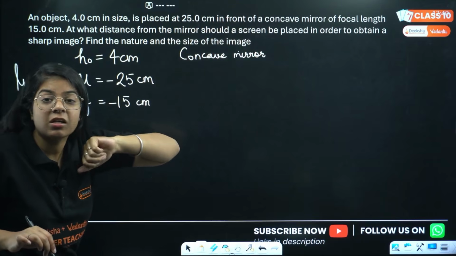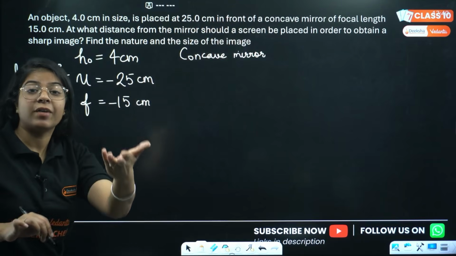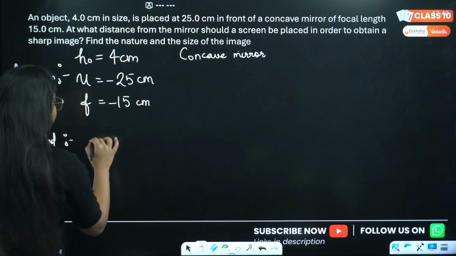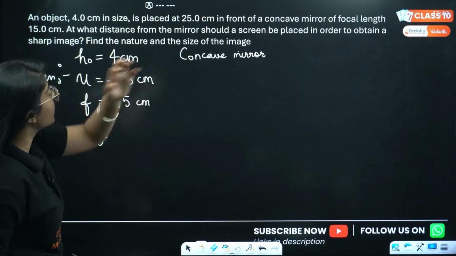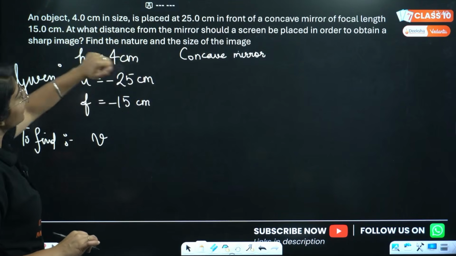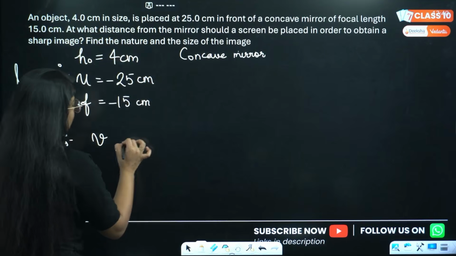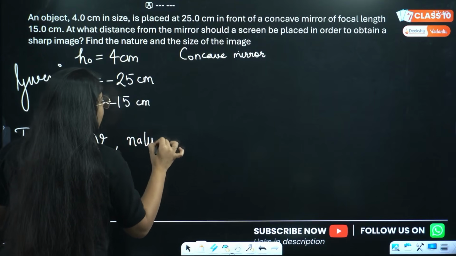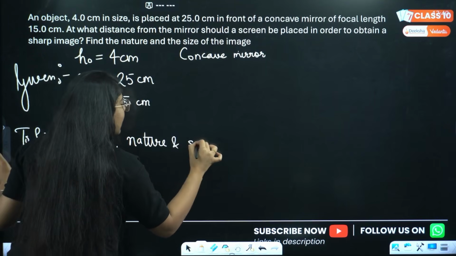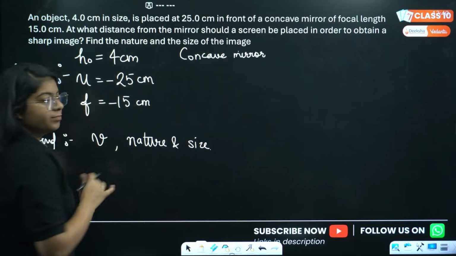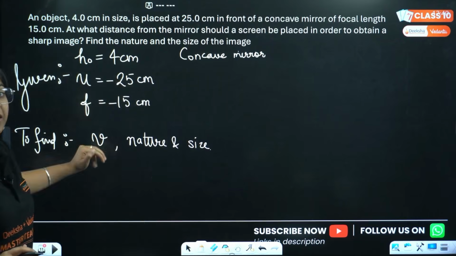If I have to find the screen distance, that means I have to find the image distance. So I have to find v, in order to obtain a sharp image. Find the nature and size of image. We also have to find nature and size of image. Done? We have written given, we have written to find.